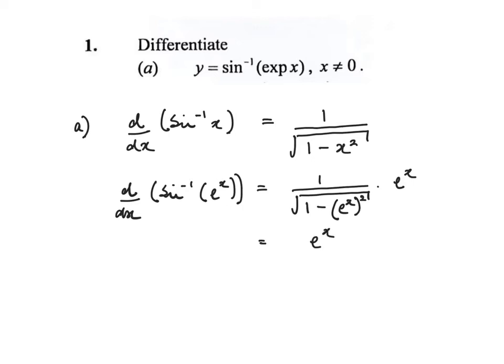That's e to the x on top. Now, e to the x times e to the x is e to the 2x.